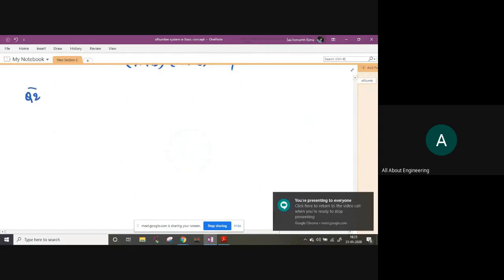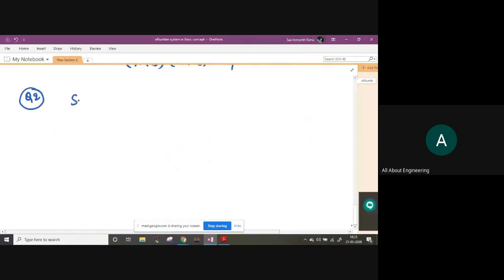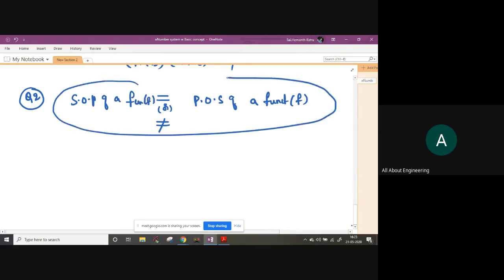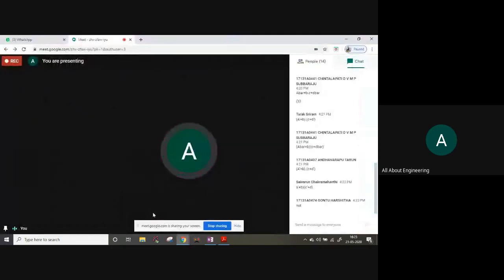Question 2: SOP of a function, equal or not equal to POS of a function? If it's equal, type E. If not equal, type NE. Come on, quick. I want your answers.